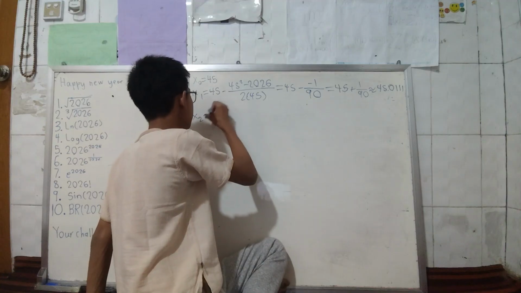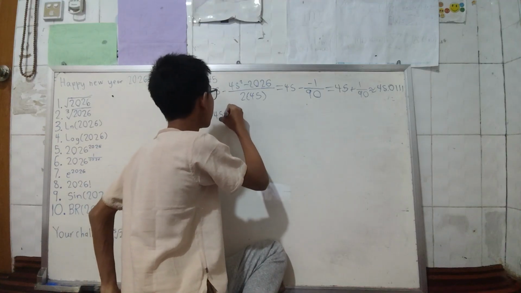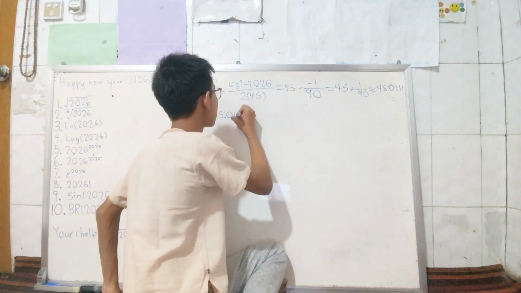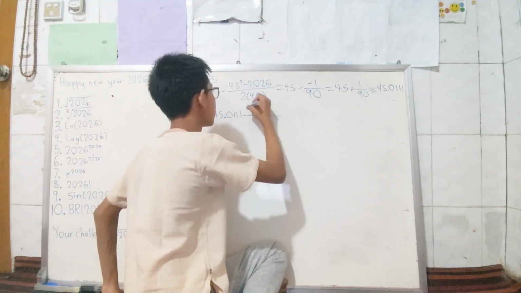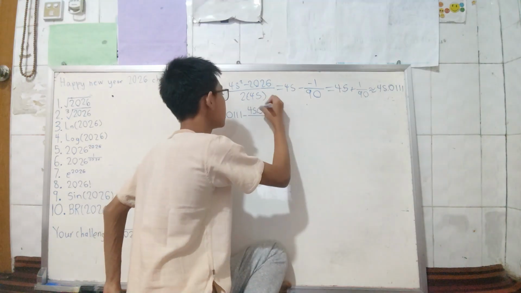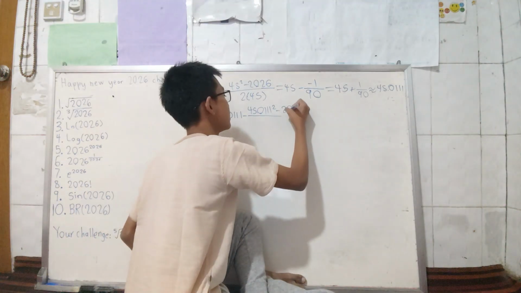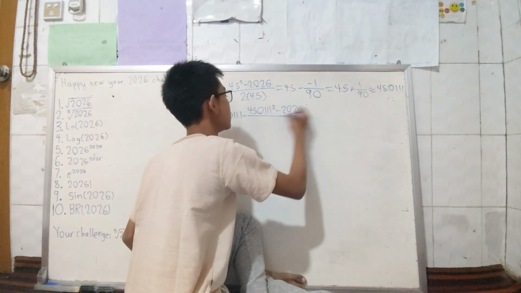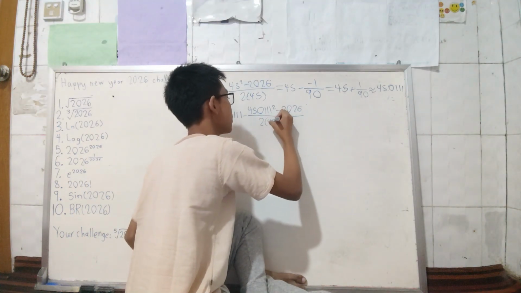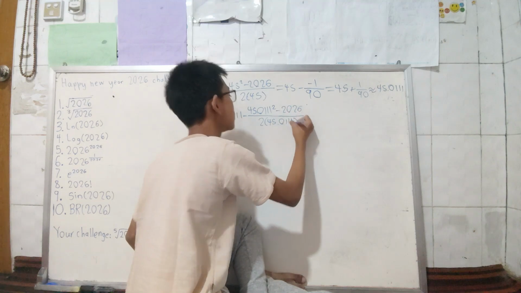So x2 is approximately 45.0111 minus 45.0111 whole squared minus 2026 over 2 times 45.0111.